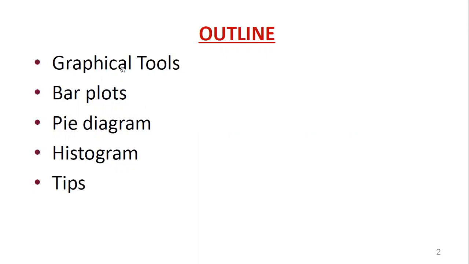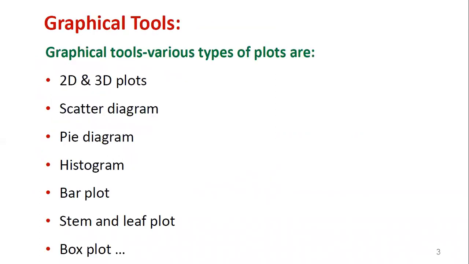First, we will review the graphical tools. Then here we will majorly discuss bar plots, pie diagram, and histogram. These are the major tools we are going to cover here. You can recall the graphical tools we mentioned in the earlier lecture.